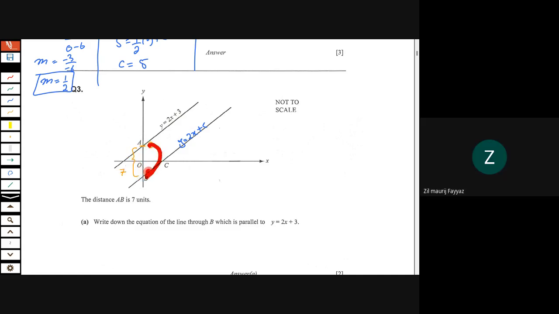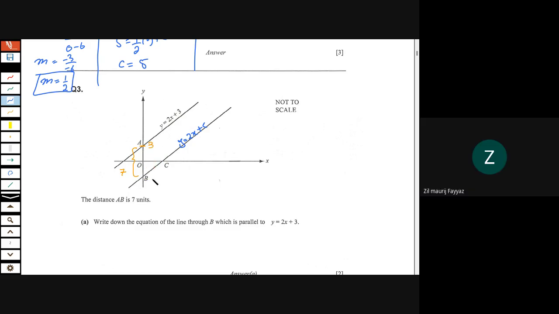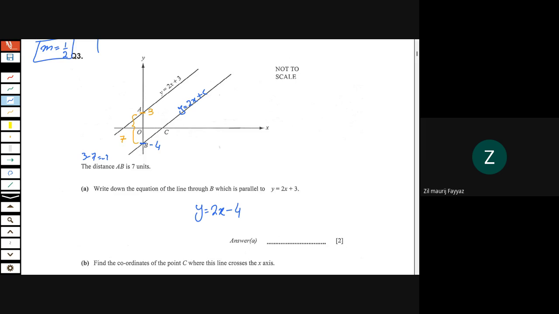So 3 minus 7, which is negative 4. This means this point is negative 4. So the equation will become y equals 2x, because of the same gradient, and the y-intercept we have found is minus 4.